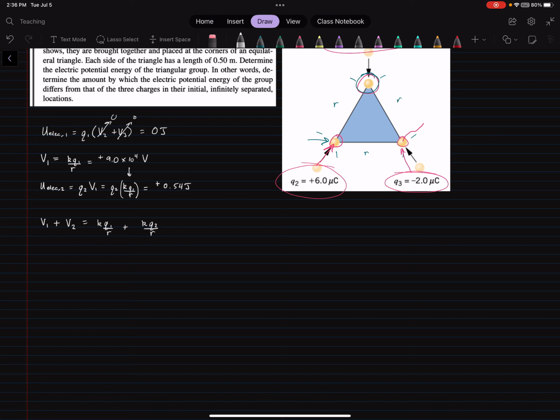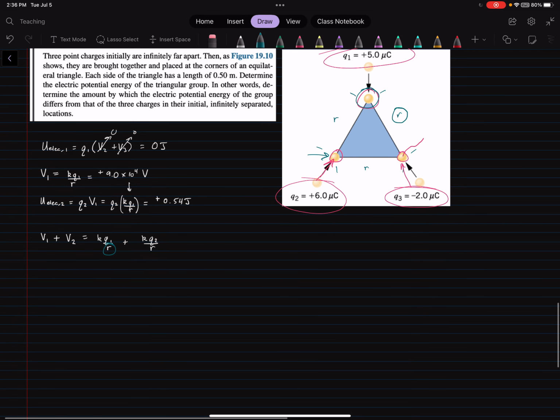In the first one, specifically though, this R here is talking about this R. So the distance from Q1 to that point that we're trying to calculate the potential at. And then the next one, this R, is talking about that R at the bottom of the triangle.